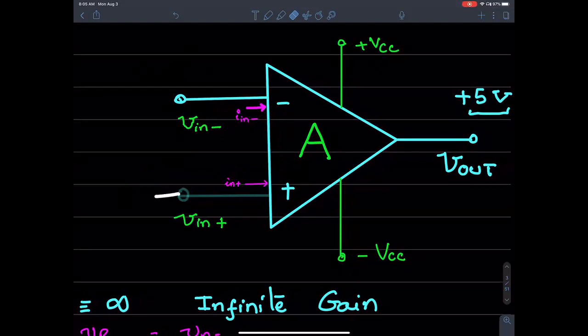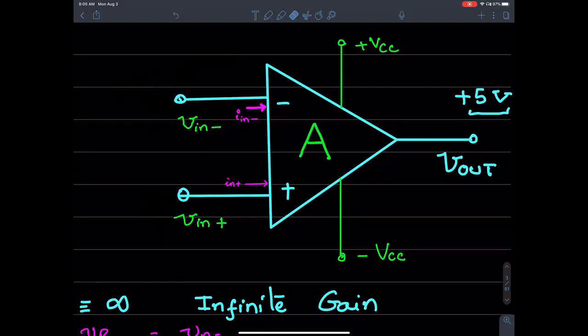Now, if one of these terminals is tied to ground, the other also behaves like it is tied to ground. It's just a virtual ground. So that's the idea of virtual short.